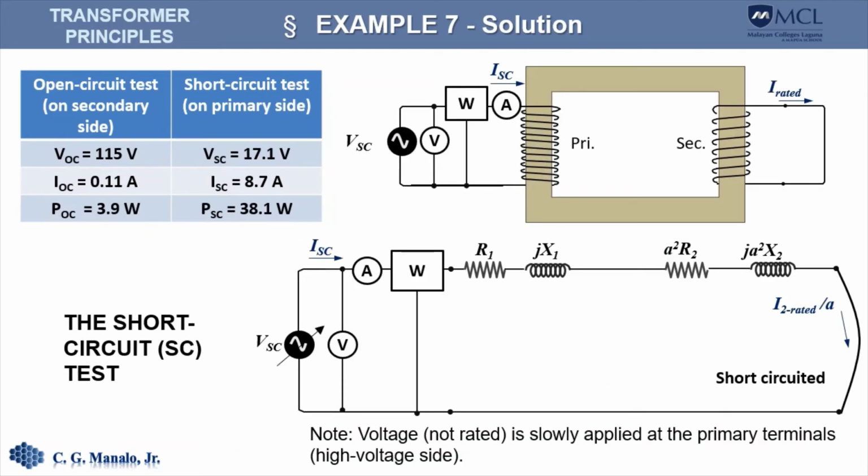For the short circuit test, this is the setup. So we apply the voltage on the primary side and put a short on the other side. So this is the result.